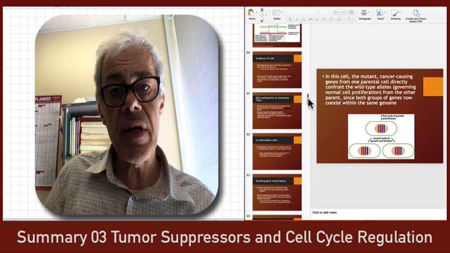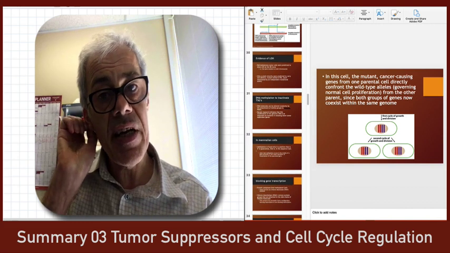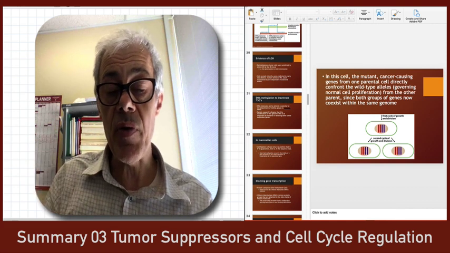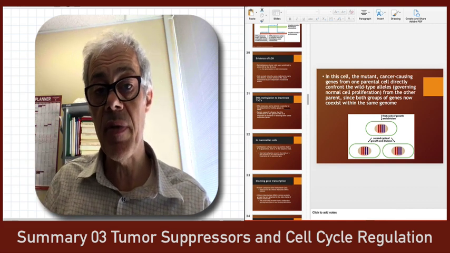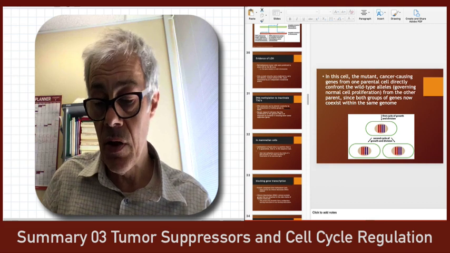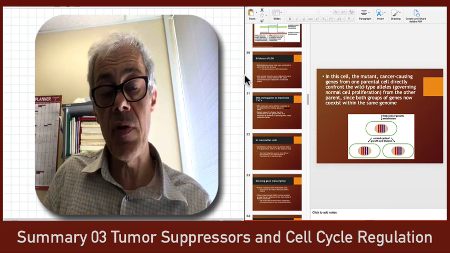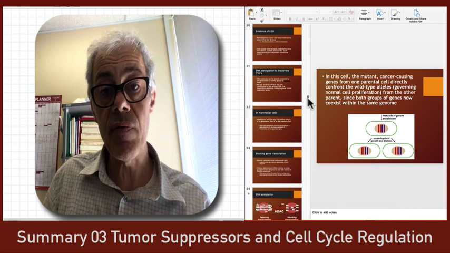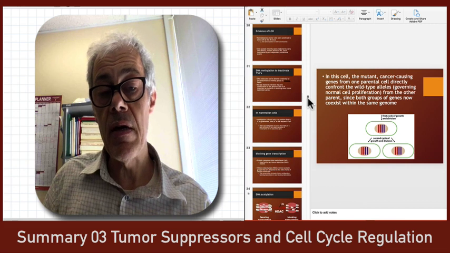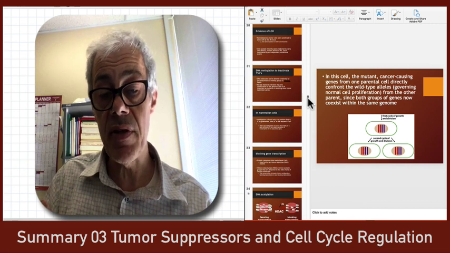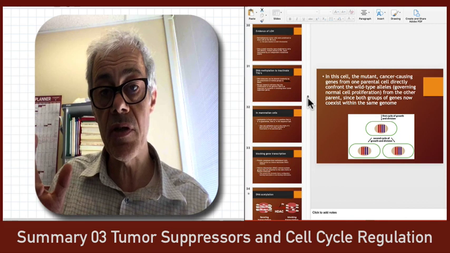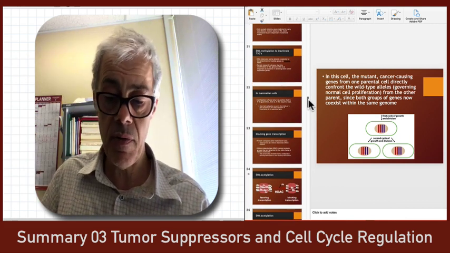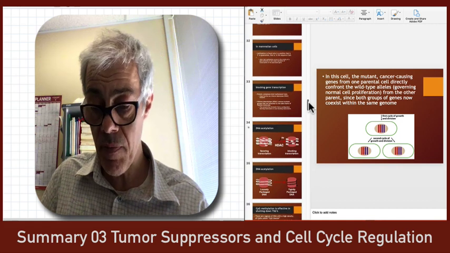We then look at the actual function of retinoblastoma in cells, because it's one thing to know that you've got to knock out both alleles to give rise to disease, but that tells you nothing about the cellular process that's involved. So it was important to study the retinoblastoma protein and look at how it functions, and that tells us an awful lot about the molecular biology of normal cells, because if you understand how a normal cell works, then when that process breaks, it leads to the cancer or the inappropriate growth.